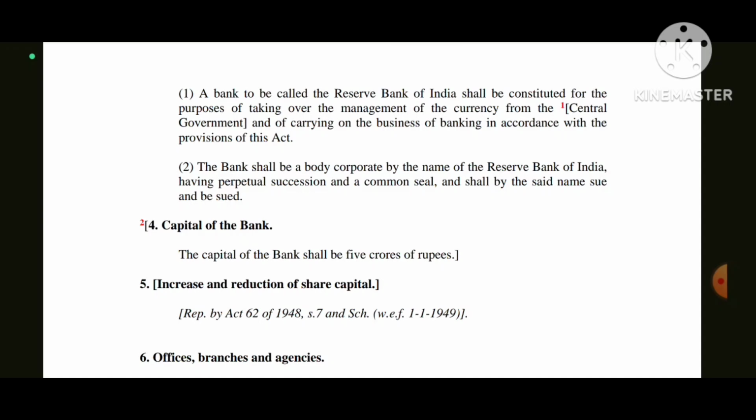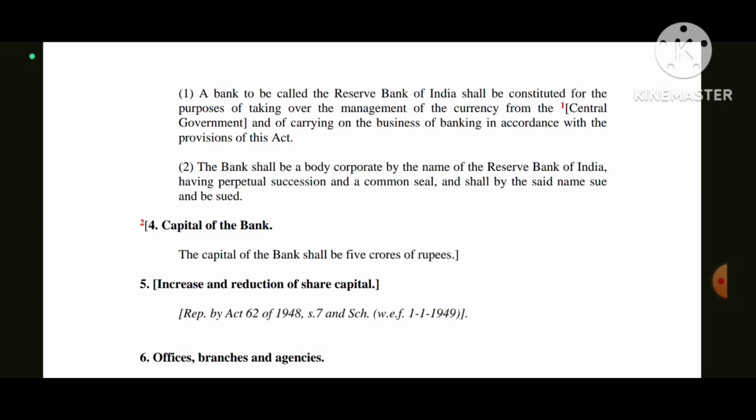This subsection establishes RBI as a legal entity with perpetual succession and a common seal. It means that it will continue to exist indefinitely even if its members or directors change over time. And it will have an official seal which it will use to authenticate documents.